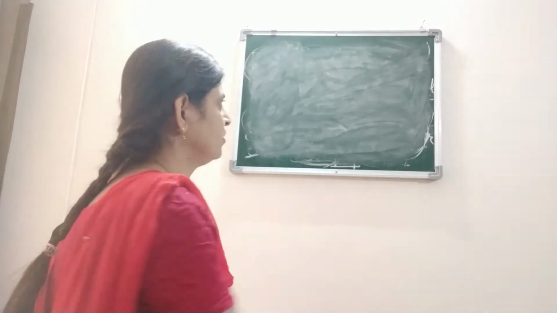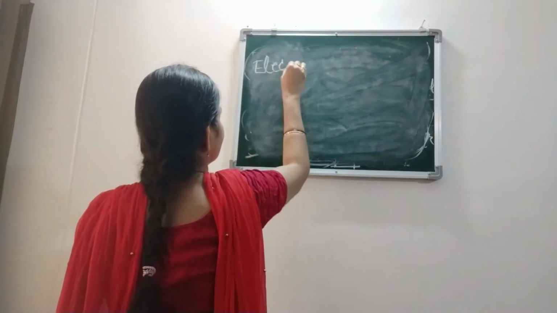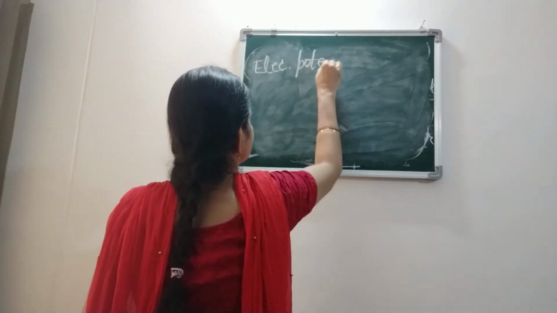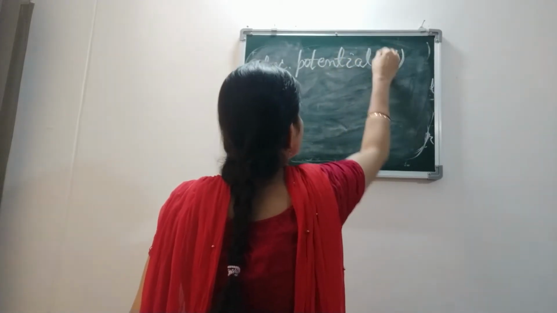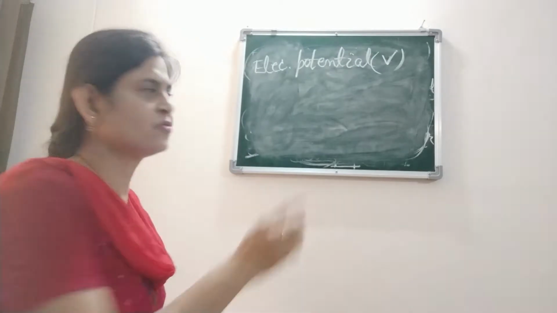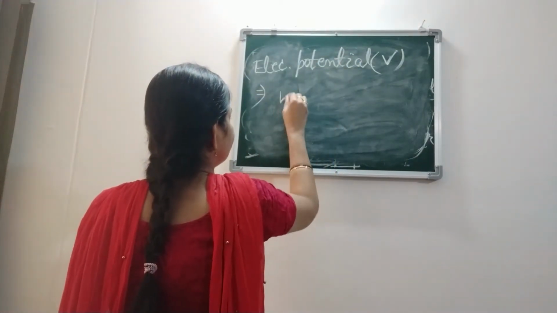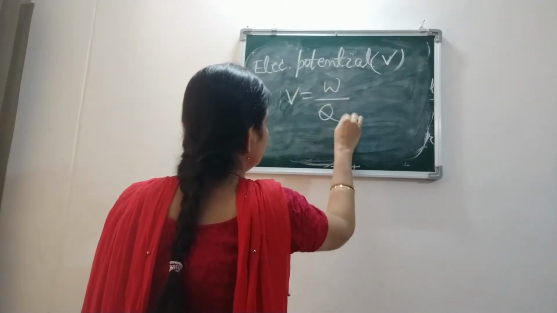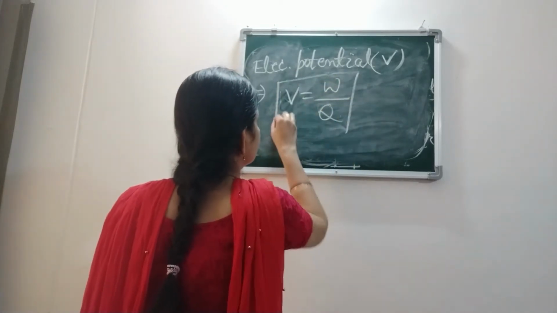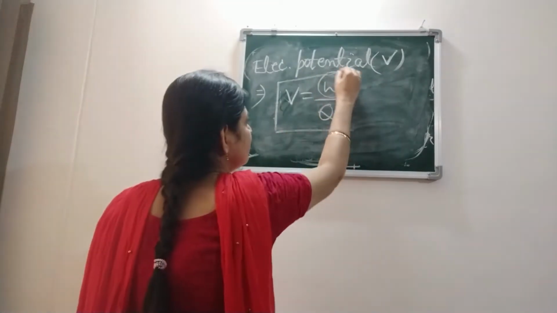Generally, we denote the electric potential by the symbol V. So, electric potential can be defined as V is equal to W by Q. What is W?